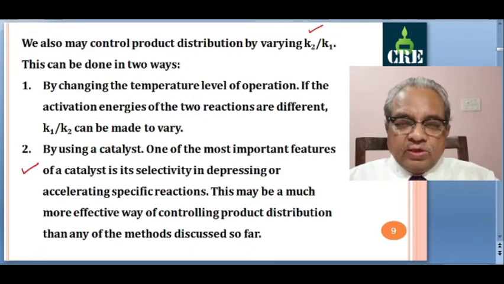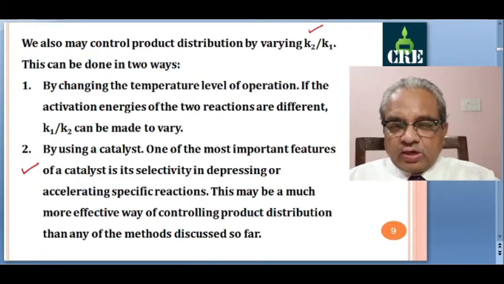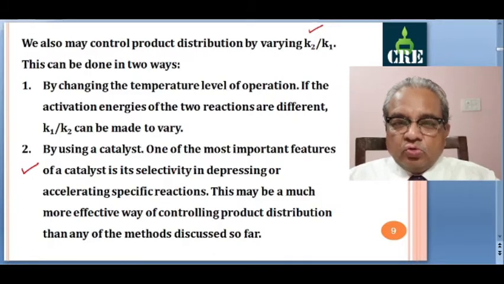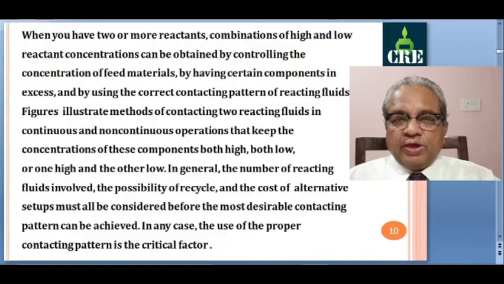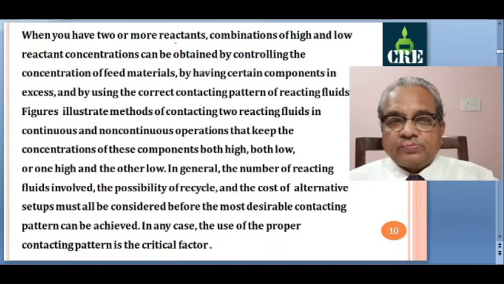That also depends on many things: which catalyst is required, the cost of the catalyst involved, the benefit of the catalyst, and comparison with the cost, that is, overall economics. All these things are important, but you should keep in mind that rather than changing the temperature levels and adjusting the K1 by K2 or K2 by K1 ratio, using a suitable catalyst is the most preferred and most effective way.